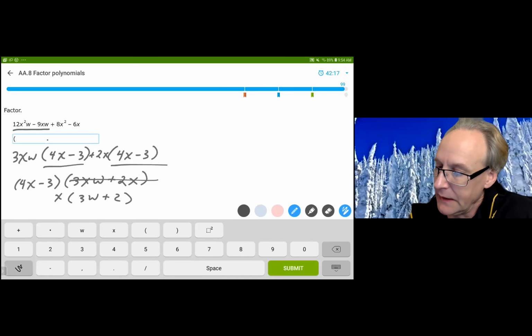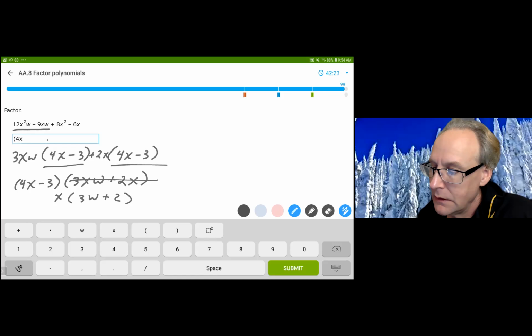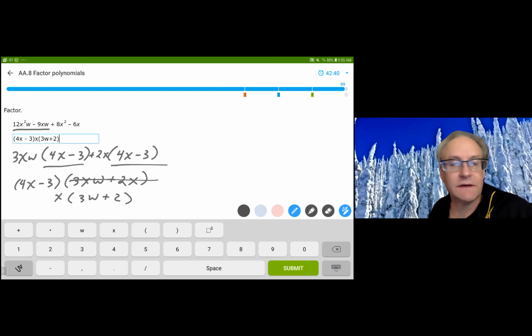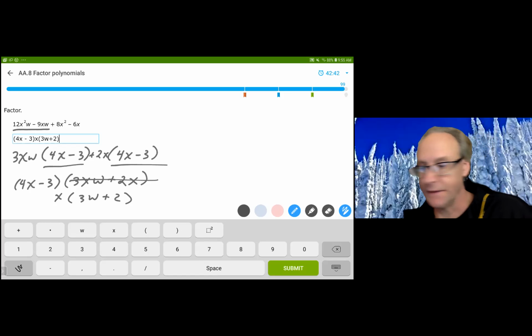We have a 4x minus 3, just making sure. Since it is my last one, I have an x. I don't think it'll matter if I stick it in the middle. 3w plus 2, close my parentheses, and I could go ahead and multiply these.